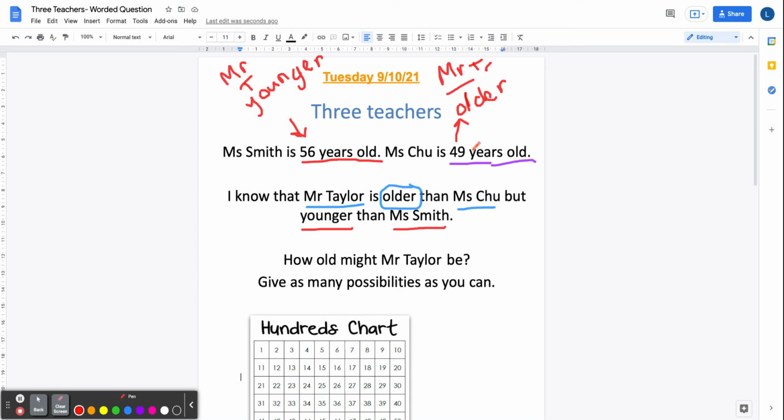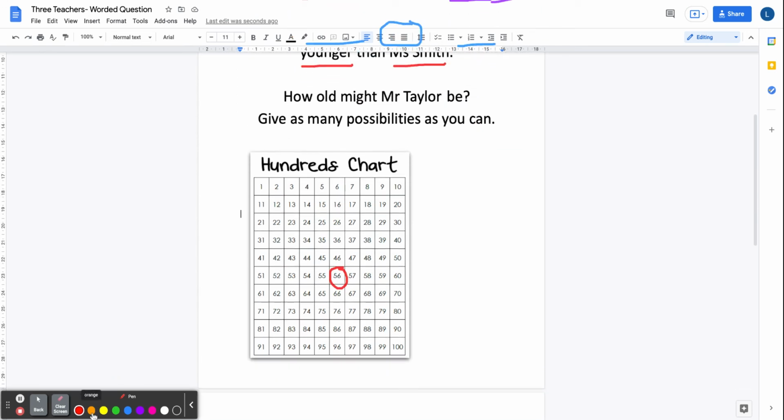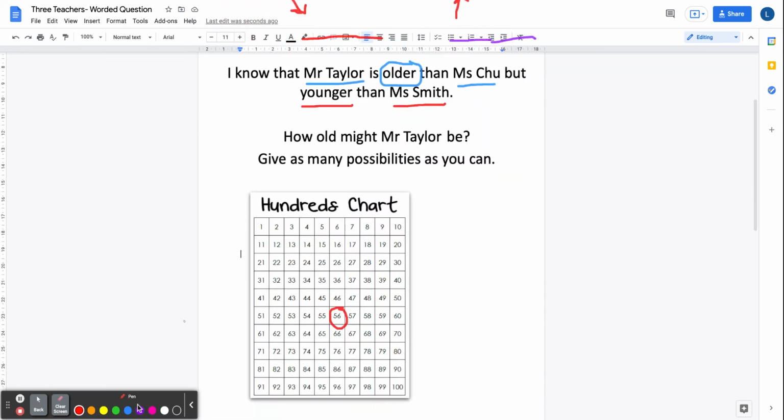And Miss Chu is 49 years old. Let's use purple. So I'm going to go to 49. And Mr. Taylor is older than 49, but he's younger than 56. So these are the numbers that we're looking at to do with our question.